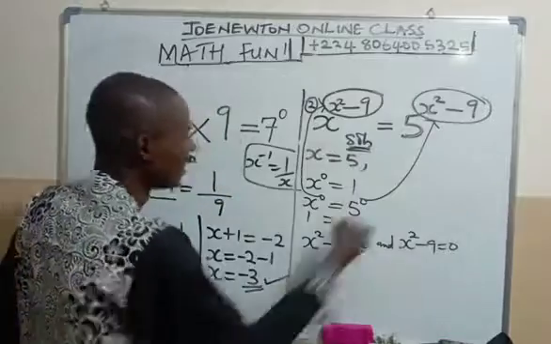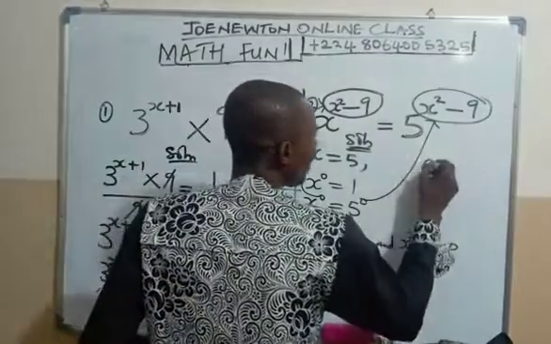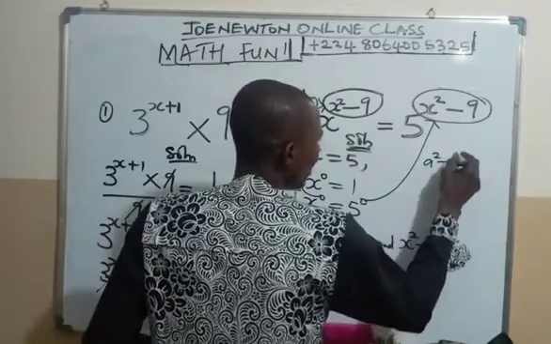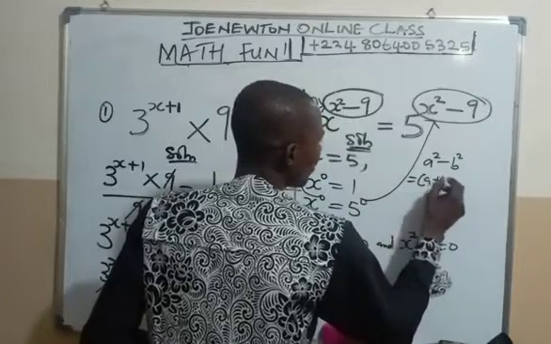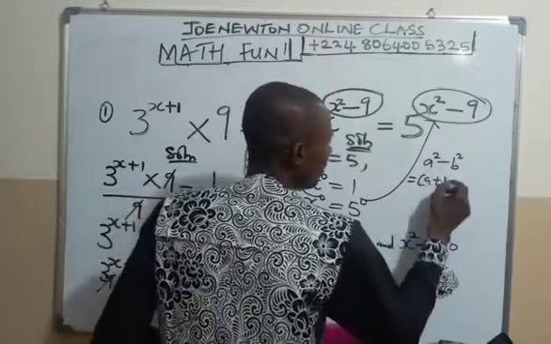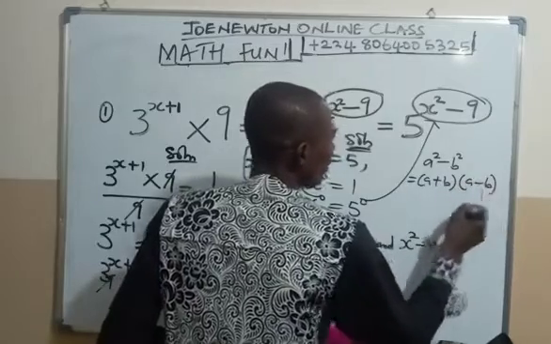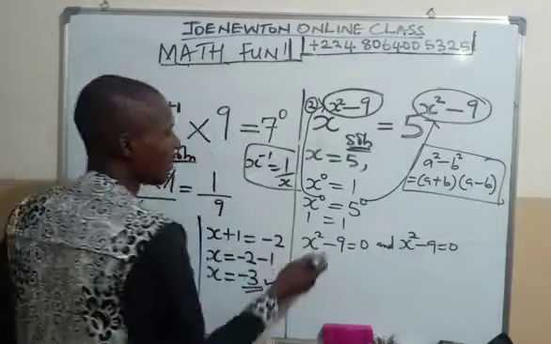So we take one. Remember our difference of squares law: if you have a power of 2 minus b power of 2, it implies a plus b, bracket open and close, into a minus b. So this is our rule. With this difference of squares rule, we apply it here.